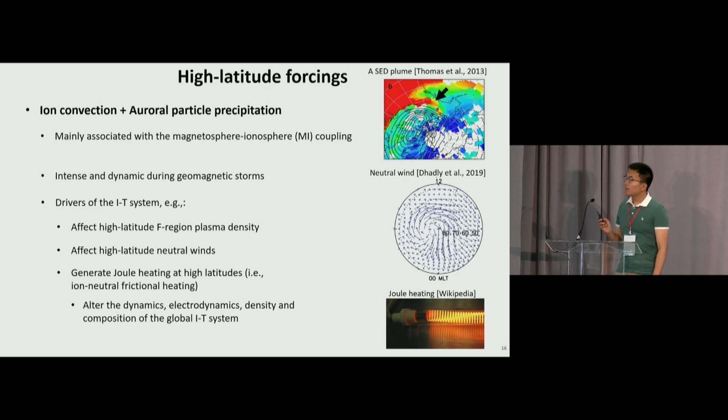For example, the high latitude ion convection plays an important role in controlling the F region plasma density in the polar region. The high latitude forcing can also affect the high latitude winds through the ion-neutral coupling process. And the ion-neutral coupling process can also generate strong Joule heating during geomagnetic storms, which can affect the global IT system to a great extent.